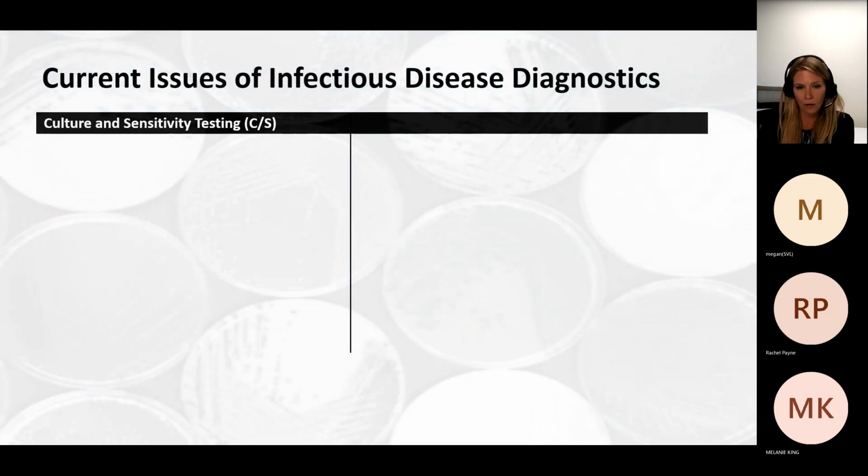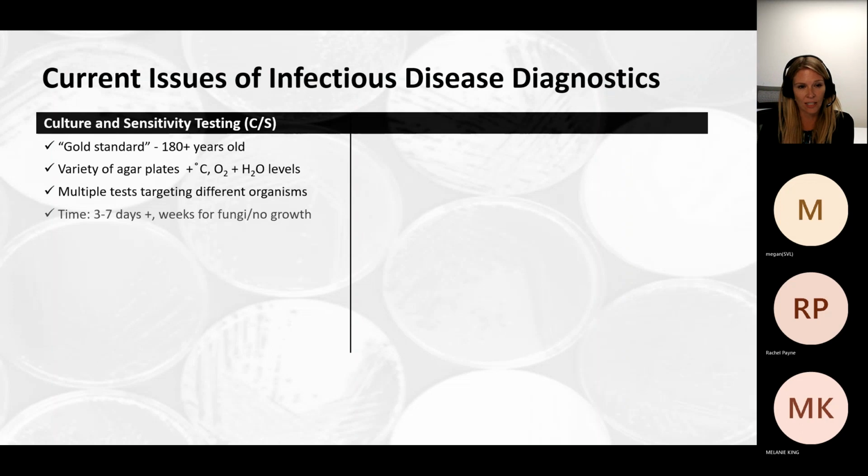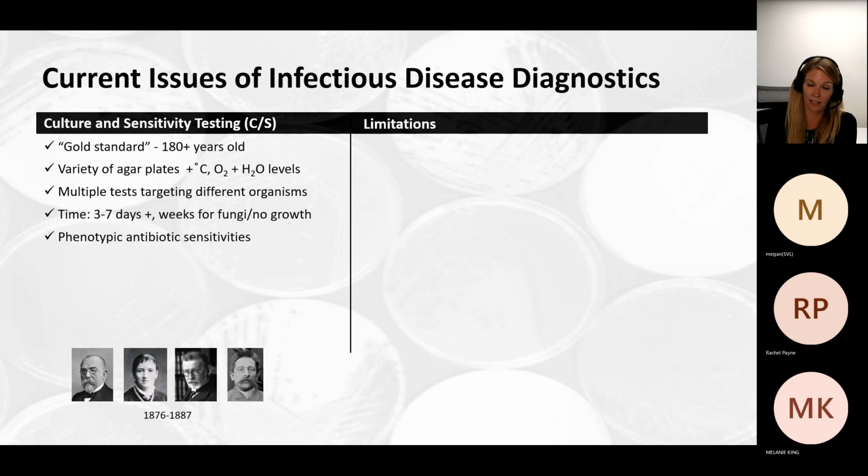The still current standard of infectious disease diagnostics is culture and sensitivity testing. It is still considered the gold standard, maybe because it was developed during the golden age of microbiology, about 180 years ago in the 1880s, by Robert Koch, Louis Pasteur and others.